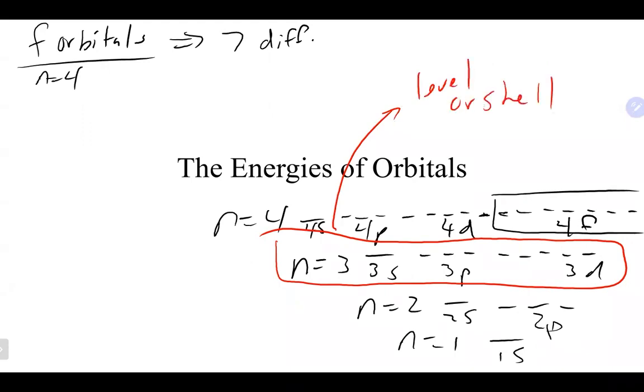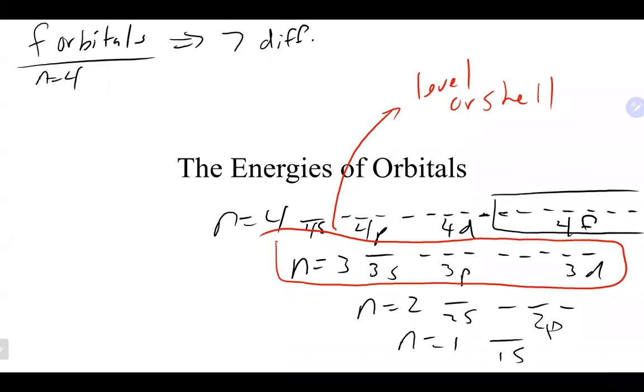If I want to max out the electrons on the n equals 3 level, how many electrons could I put in there? Well, the n equals 3 level would be everything in the red box. That would be 2, 4, 6, 8, 10, 12, 14, 16, and 18 electrons if you filled up everybody on that level.